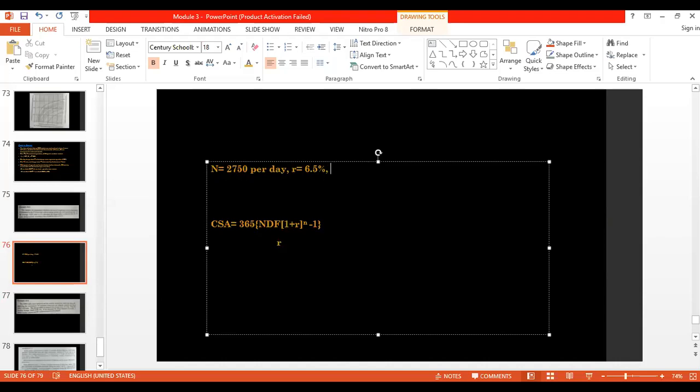Have they given the F value? Yes, 5.4. If they don't give the F data, you have to assume it as 4.5 by default. Next, is the D value given? D value is 0.75. Then the small n value they have given is 10 years. Just substitute these values, and you will get the answer directly.